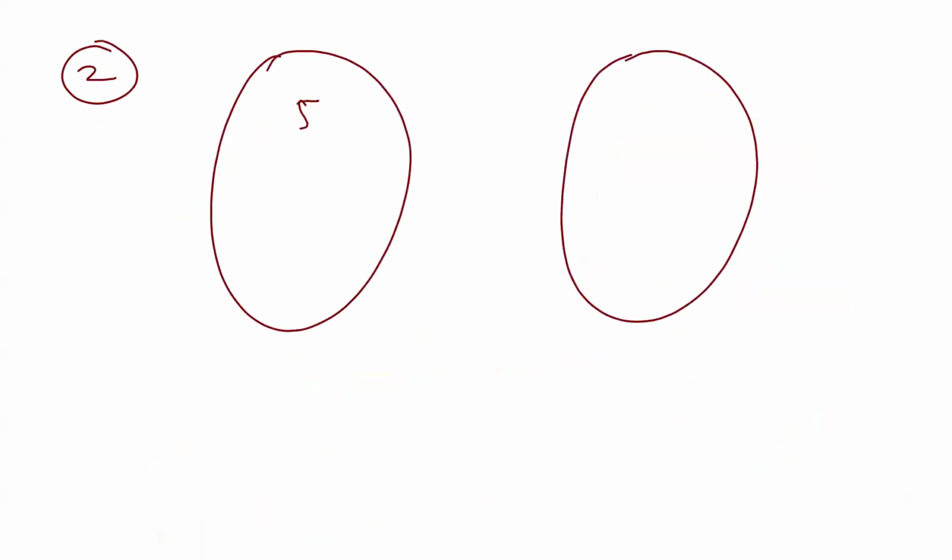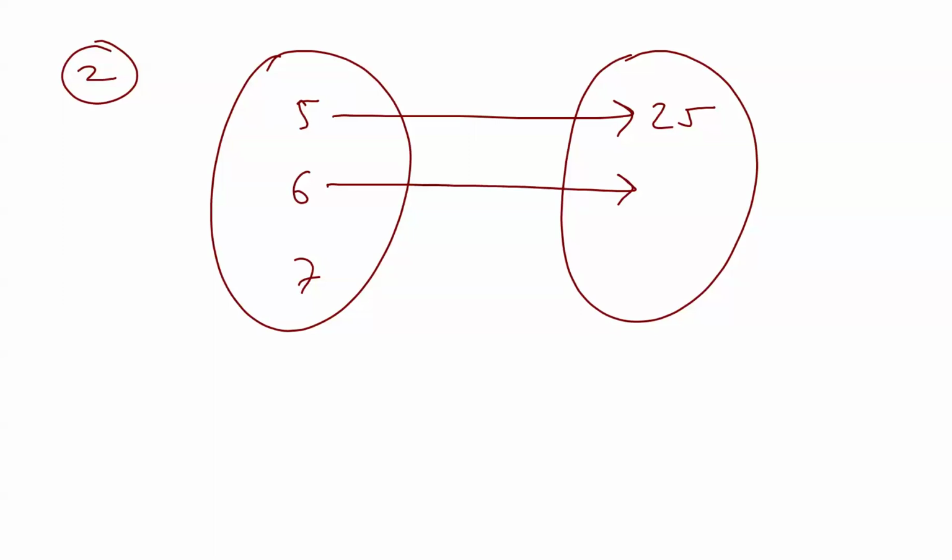The figure shows the relation between sets P and Q. Write the relation in set builder form and in the roster form. And what is the domain and range? So see, first set, second set, 5, 6, and 7. 5 is mapped to 25. 6 is mapped to 36. 7 is mapped to 49.